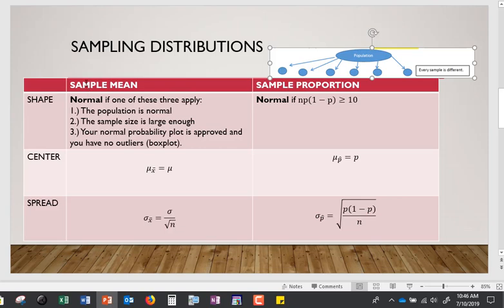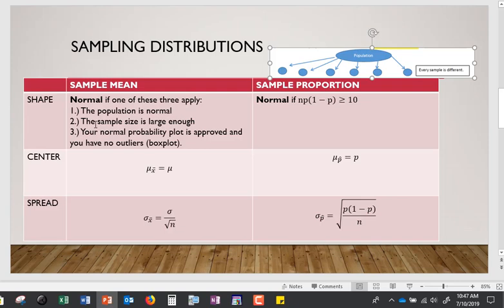If you're dealing with sampling distributions of the sample mean, the shape of your distribution is going to be normal if one of these three conditions applies. Either the population is normal, the problem that you're working with says specifically that the population is normal, then we can say that the sampling distribution of the sample mean is approximately normal. Or if your sample size is large enough, who cares what the original distribution is?